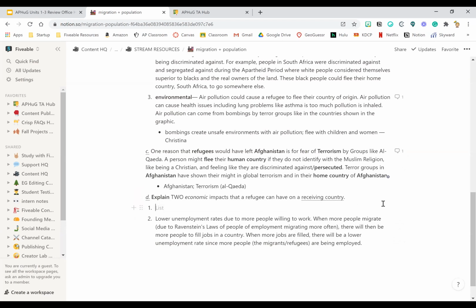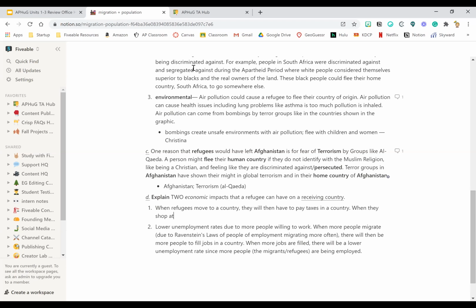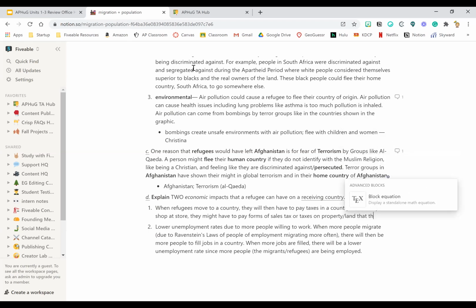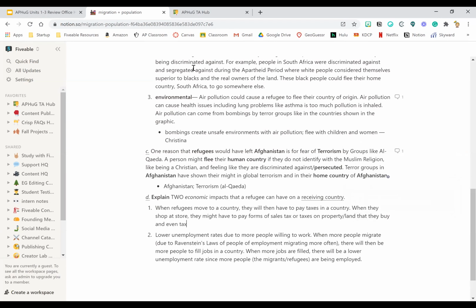We're actually going to turn number 1 around. So I'm just going to write this one really quickly. When people migrate, they will then have to pay taxes in a country. When they shop at stores, they might have to pay forms of sales tax or taxes on property, land that they buy, and even taxes on the money they make in the country.